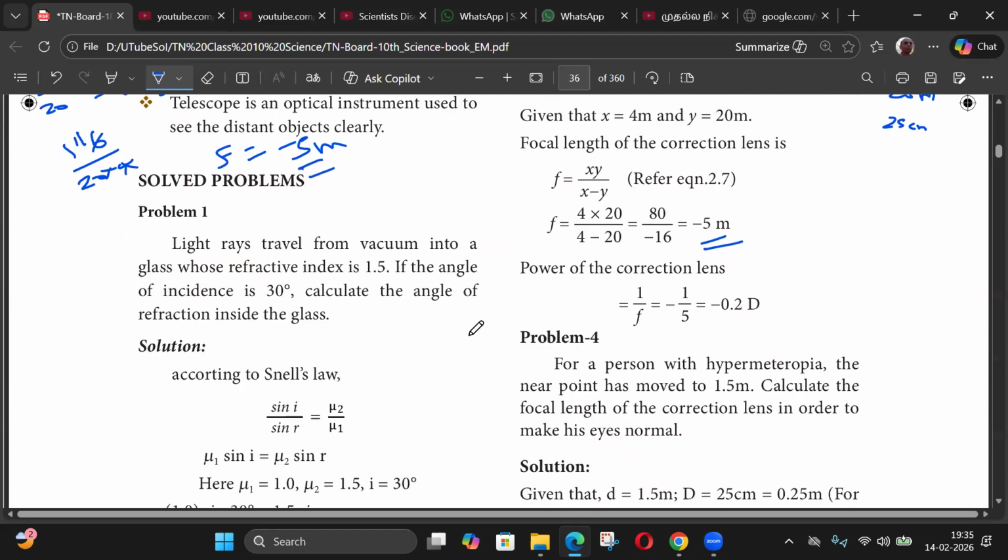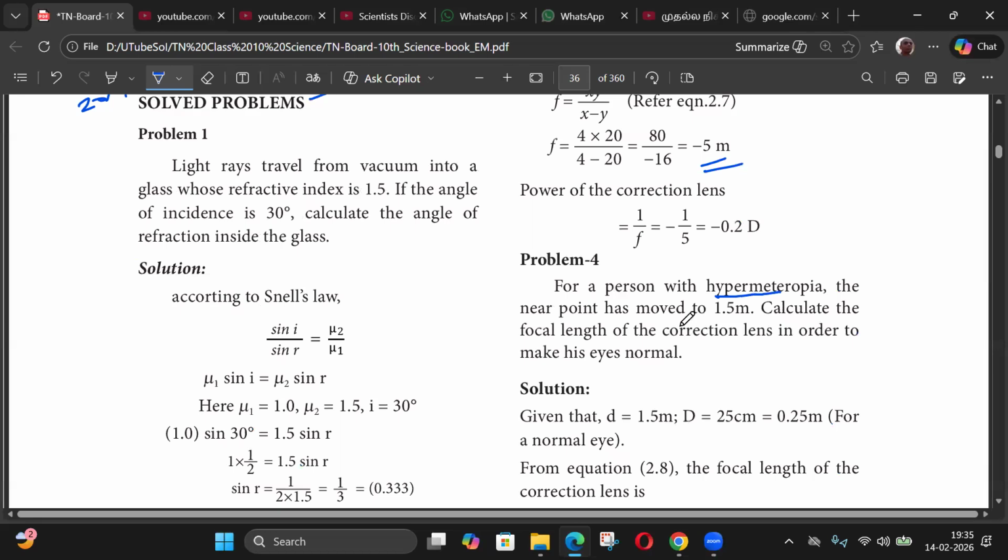Next is this one, hypermetropia. So there is a vision problem. The person's near point is moved to 1.5 meter, so this eye can see from 1.5 meter to infinity. Normal eye is 25 centimeter to infinity.